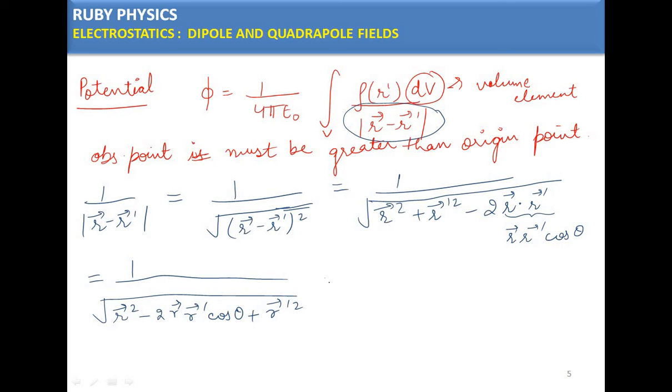Okay, and 1 by r can be taken out common, so the equation becomes 1 by r, then 1 plus r dash square upon r square, and this term will be minus 2 r dash cos theta upon r, and the power will be minus 1 by 2.